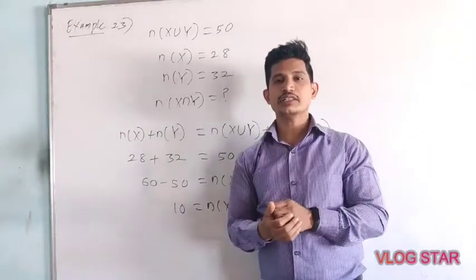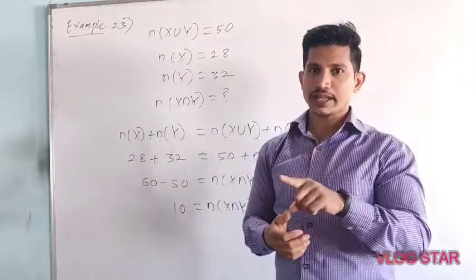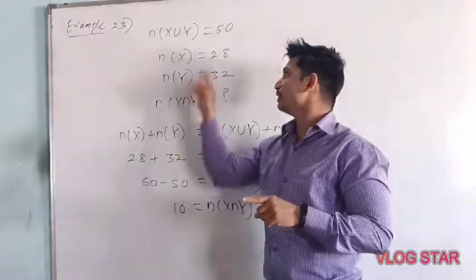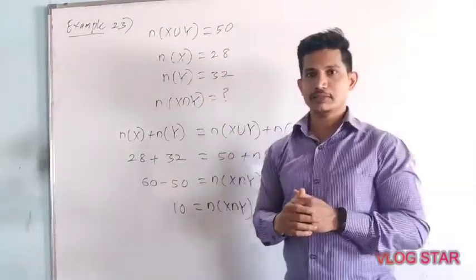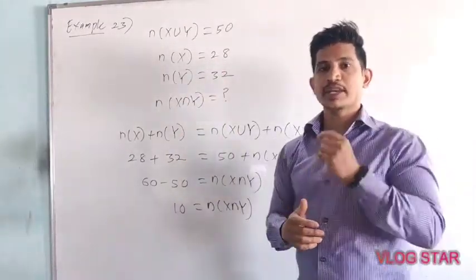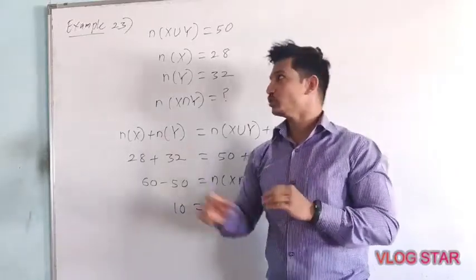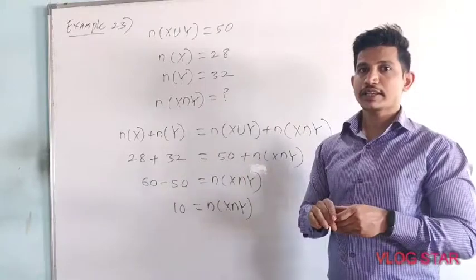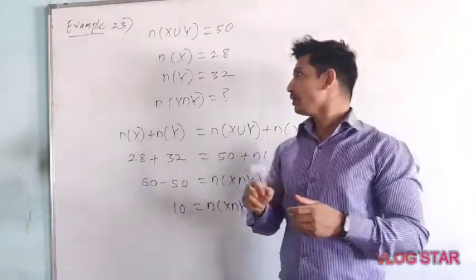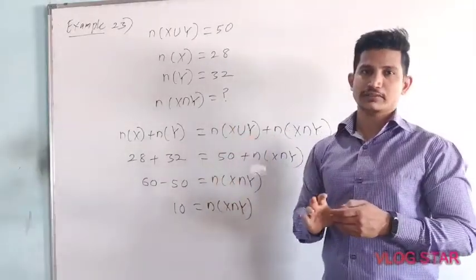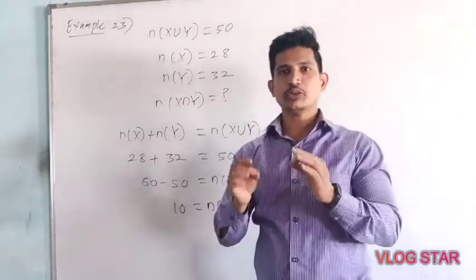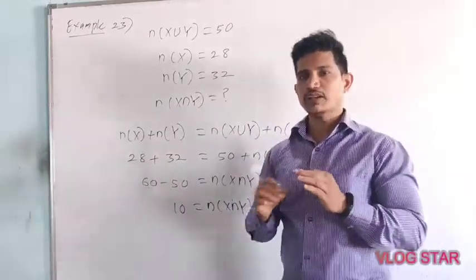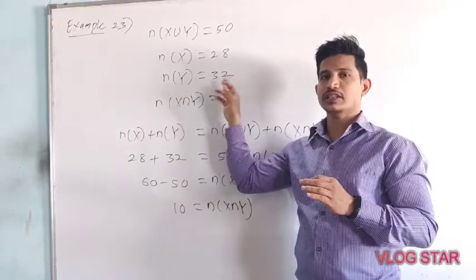Now the second line. X has how many elements? 28 elements. So n of X is equal to 28. Then Y has 32 elements. That means n of Y is 32.